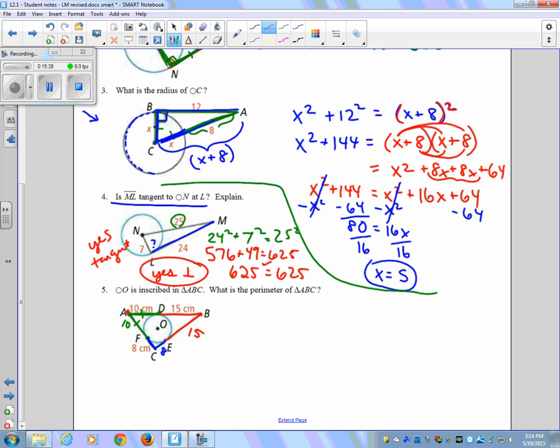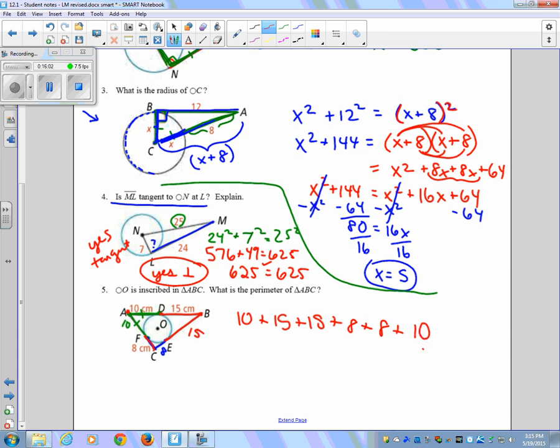Start at point A. A to D is 10, plus D to B is 15, plus B to E is another 15, plus E to C is 8, plus C to F is another 8, plus another 10.